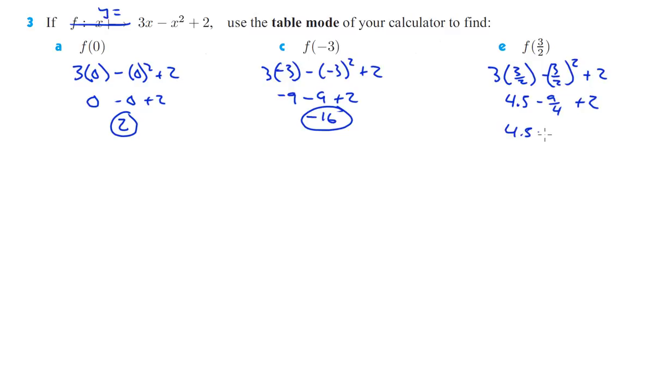So that's 4.5 minus 9 fourths is 2.25 plus 2. So if you do 4.5 plus 2 is 6.5. Minus 2 is 4.5, and then minus another quarter is 4.25. Okay?